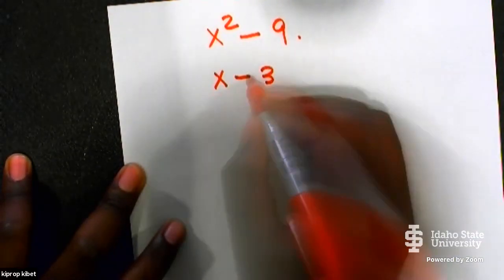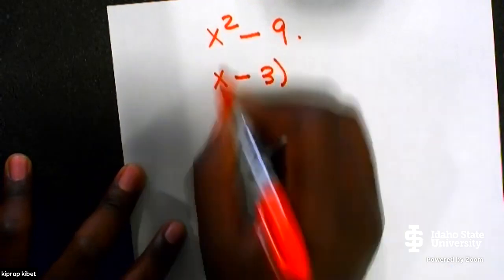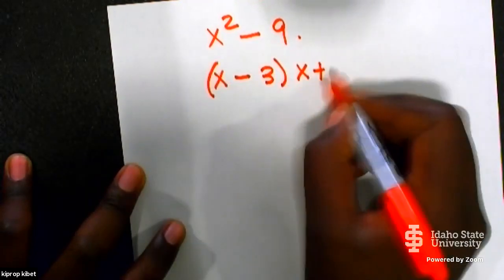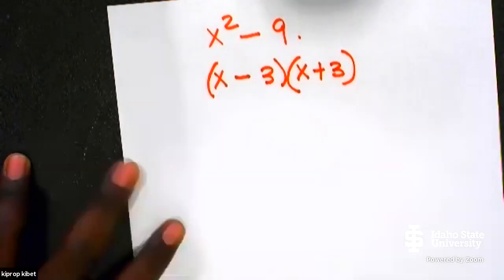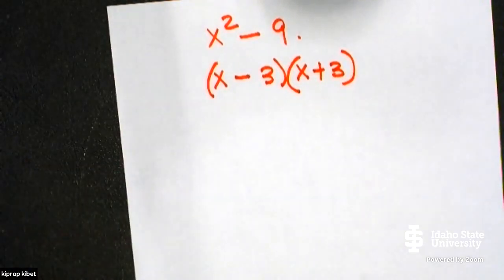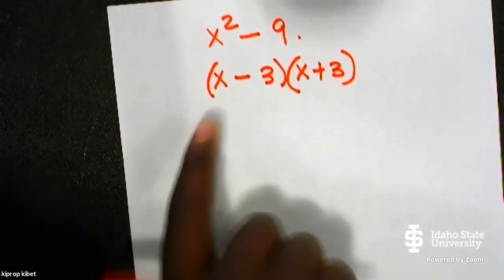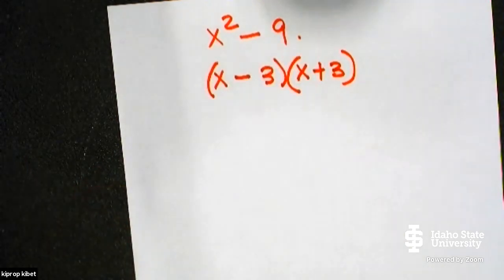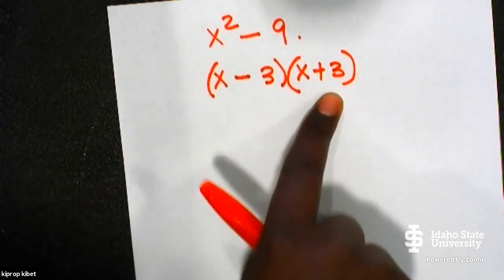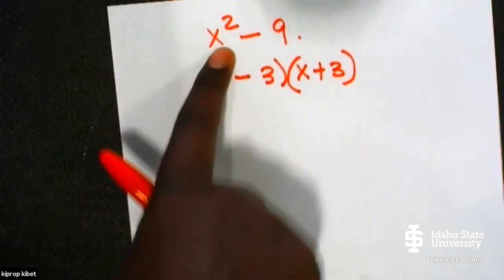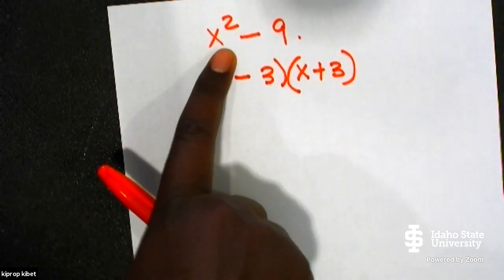So it will be x minus 3 and x plus 3. There is a difference of squares there because when you open these brackets, definitely you get x squared minus 9.